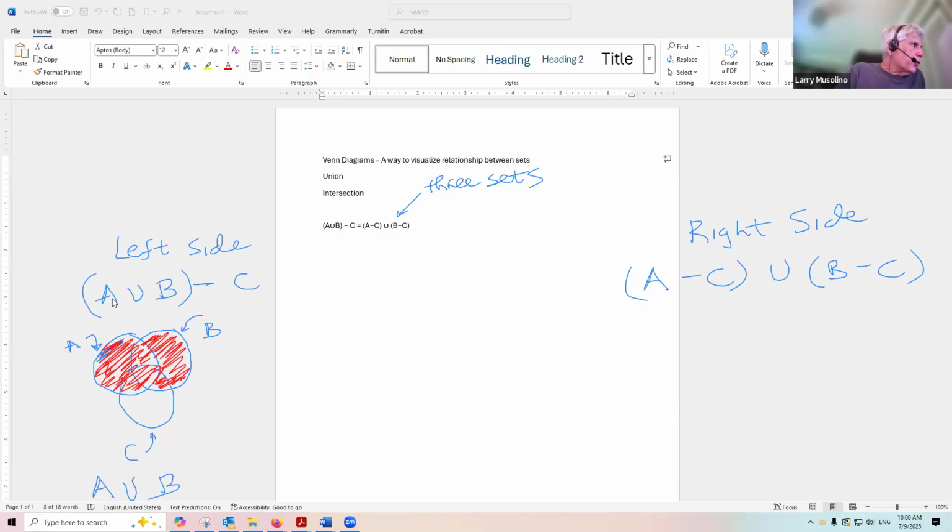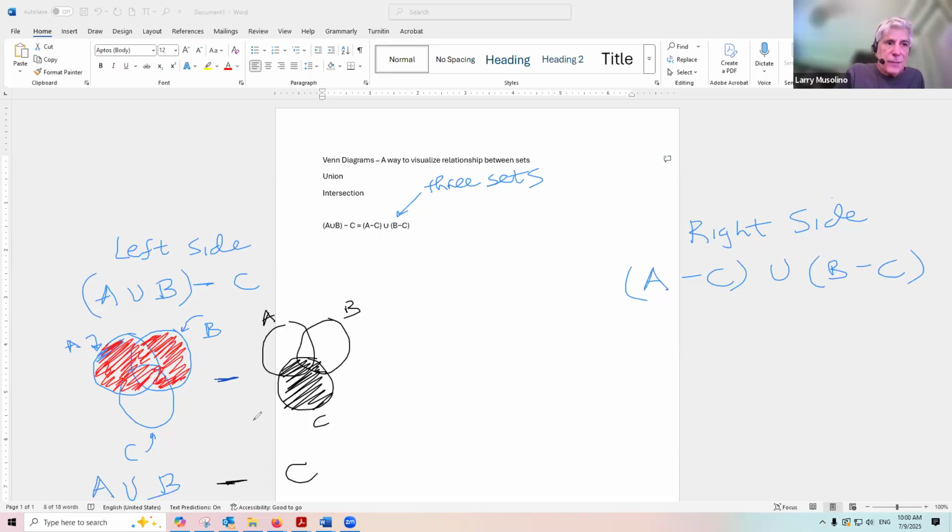All right, let me subtract region C. So here's A, B, C. Here is region C, but I want to do the subtraction. What that means is any black shading has to be removed from the red shading.